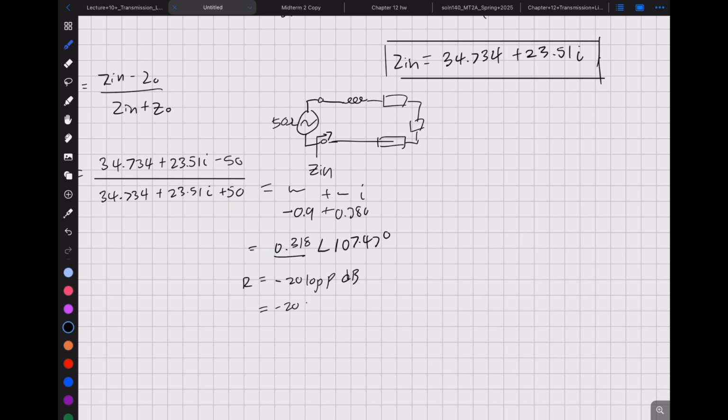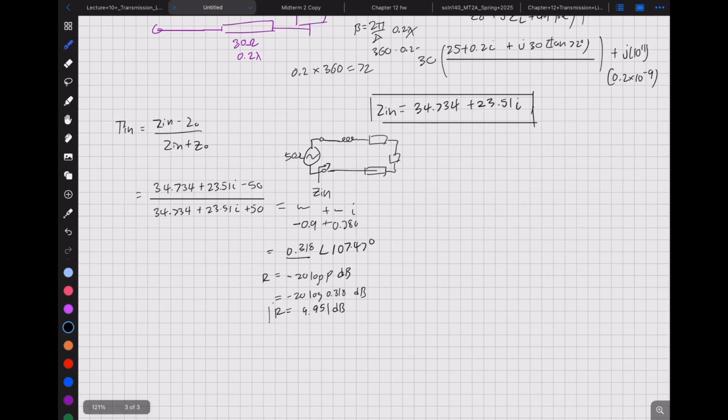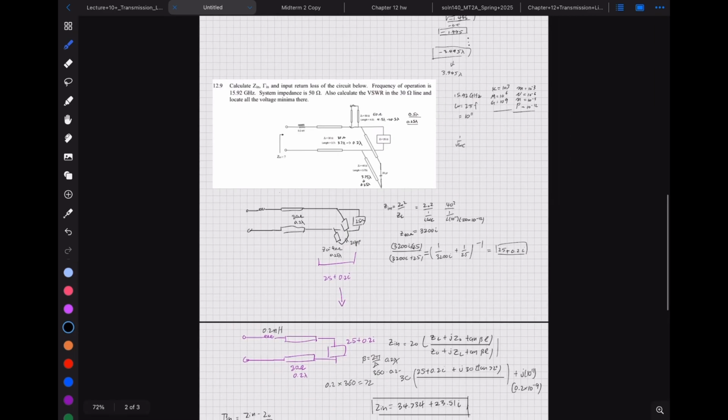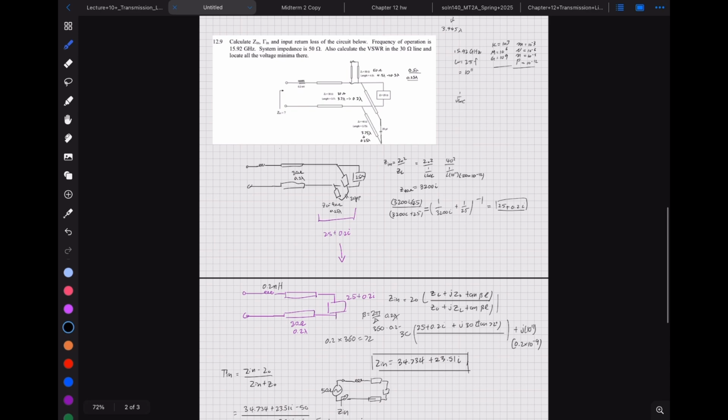Negative 20 log 0.318 dB, and then we're going to have 9.951 dB of return loss. Okay, so that's another thing that we found. Input return loss.